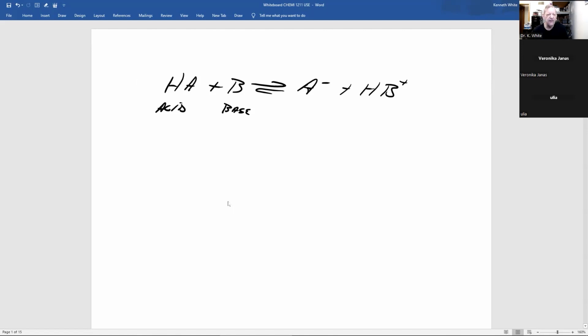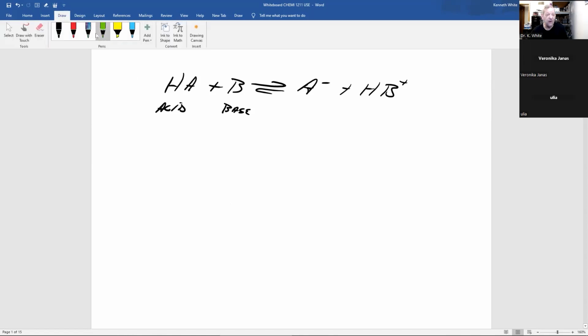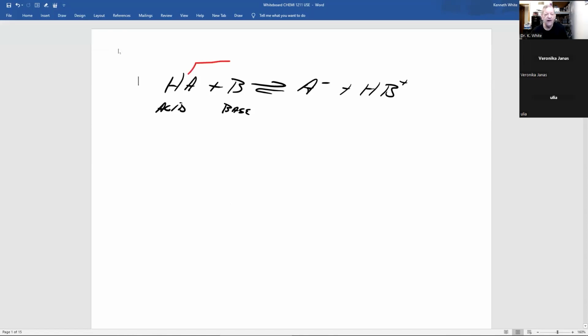And if we look here, and I'm going to go Technicolor, notice HA on the left and A minus on the right differ by only H plus. Now, this is difficult for students to grasp at times. I don't know why. Well, don't forget, I'm a PhD chemist, and this is quite fundamental, but students have a problem. Look for the difference in this H, hydrogen.